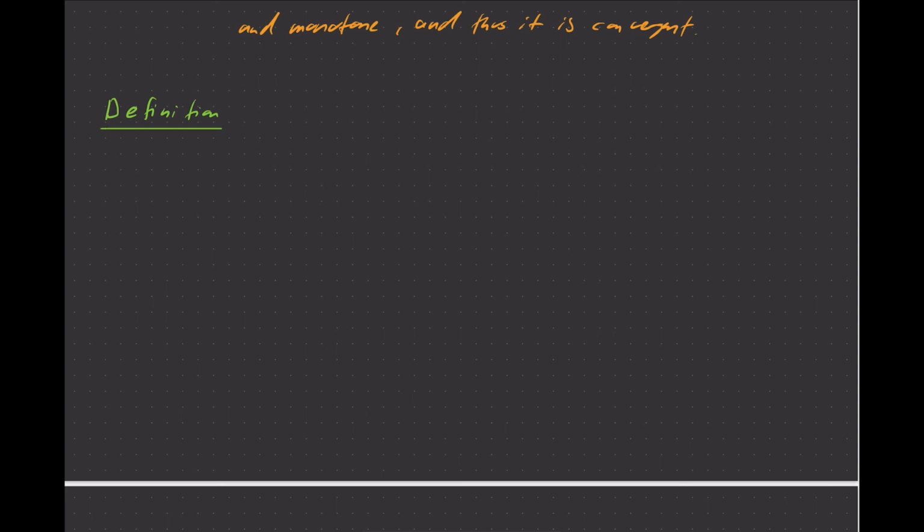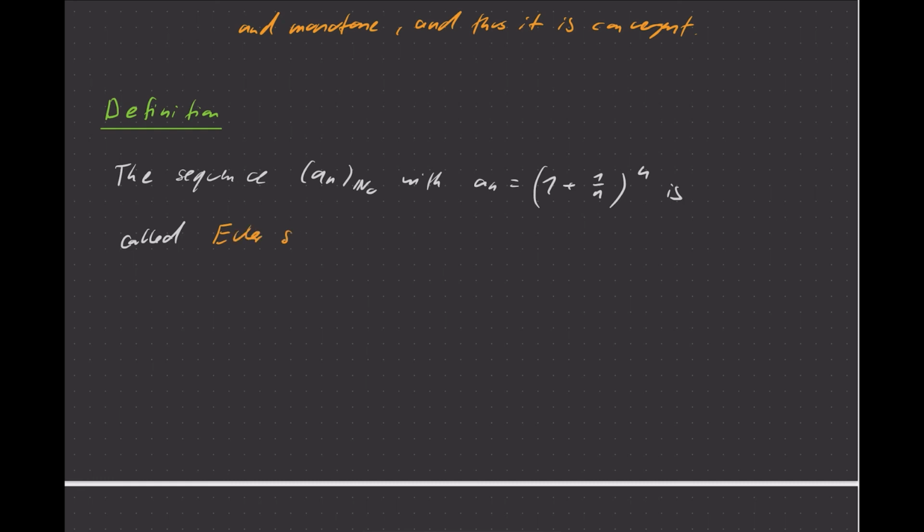So this number is really important in many applications and in many areas of mathematics. The sequence a_n, n in N_0, with a_n being 1 plus 1 over n to the power of n, is called the Euler sequence, and its limit is called Euler's number.